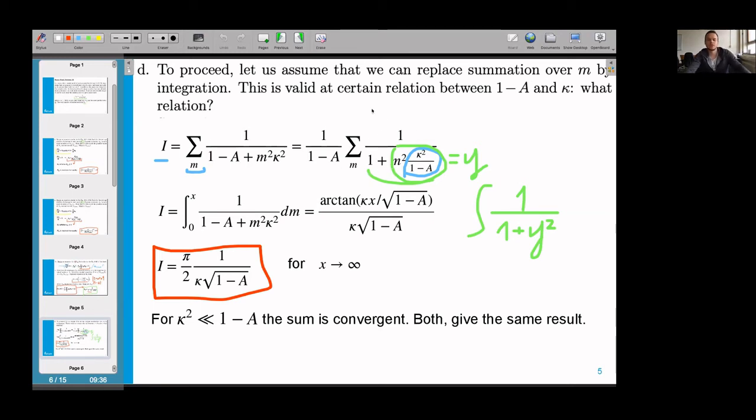You are asked to assume that we can replace the summation over this. So you say that this is not a sufficient argument. You're saying that even if this relationship kappa squared is less than 1 minus a is true, the series might still not converge.